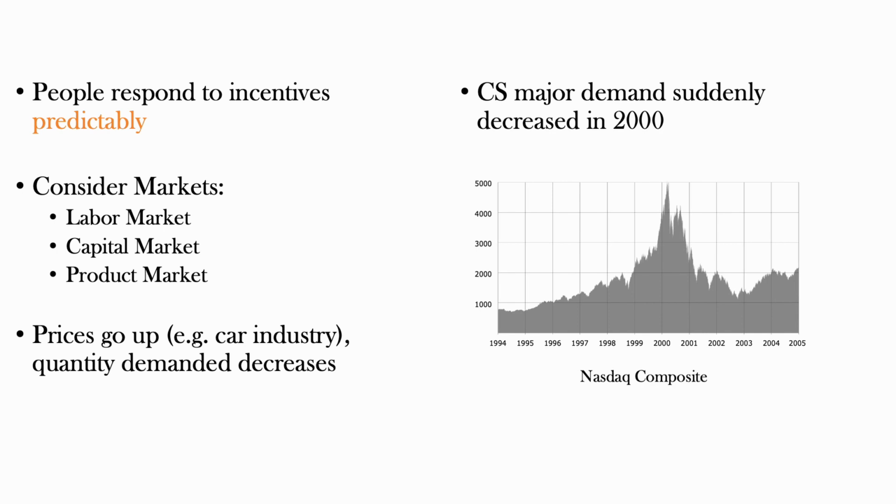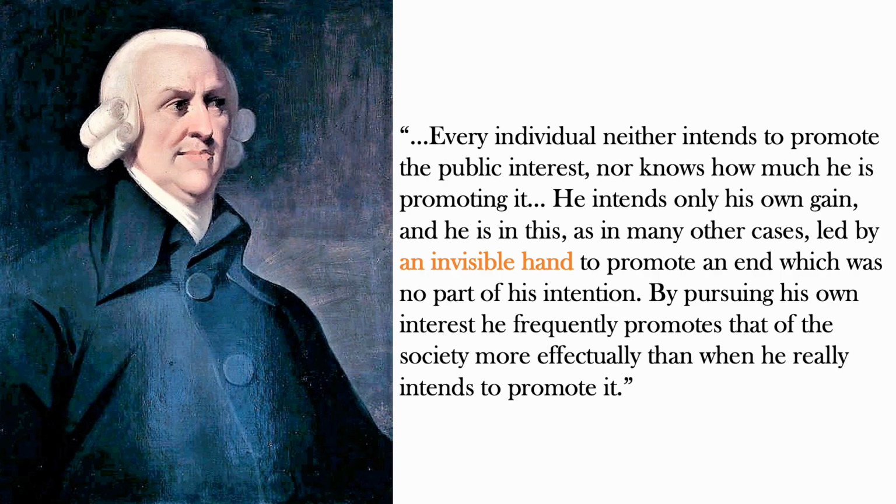So what does this have to do with rationality, and how can we integrate this idea of rationality into a broader concept of how the economy works? In his classic book, The Wealth of Nations, Adam Smith argued that every individual neither intends to promote the public interest nor knows how much he is promoting it.